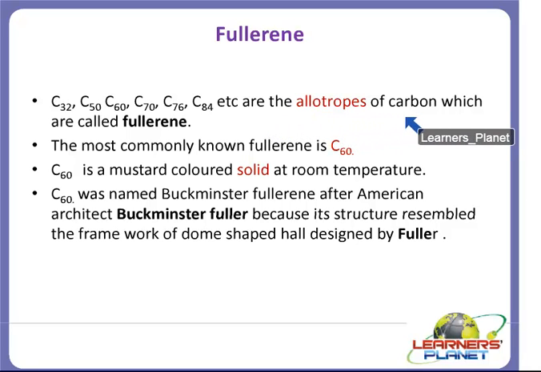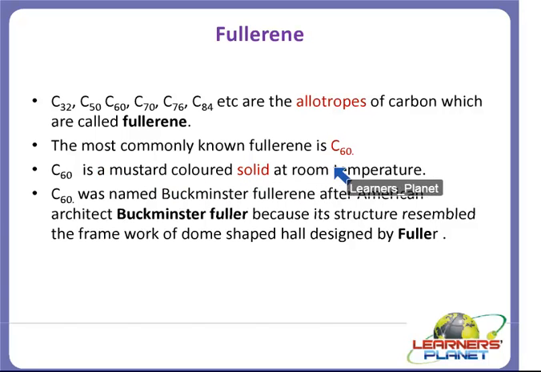These are the allotropes of carbon, and these are called fullerenes. Right? So say in one fullerene there are 70 carbon atoms which are bonded by covalent bonds. Each carbon can be either bonded to 4 other carbon atoms or to 3 carbon atoms. Right? So it's a mix of the two. The carbon atom can be bonded to 4 or can be bonded to 3.